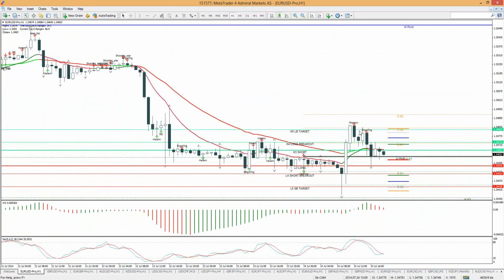Now that harami didn't have much follow through as yet, so not a lot of pips would have been made, but still, it's a trade that is moving in bullish territory. In fact, there's also an H5, by the way, so there's confluence at that resistance level. So price is actually using the daily pivot point as a support.